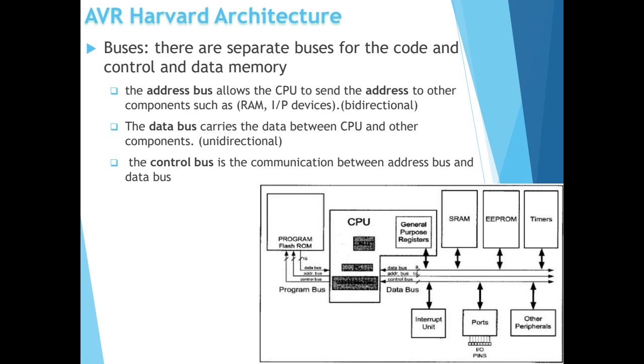And the other bus is the control bus, and it is actually the communication between the address bus and data bus. It is used for communication between these two buses. And as you see, it has two directions, but the address bus is not the same. It only has one direction. On the other hand, it is bidirectional.